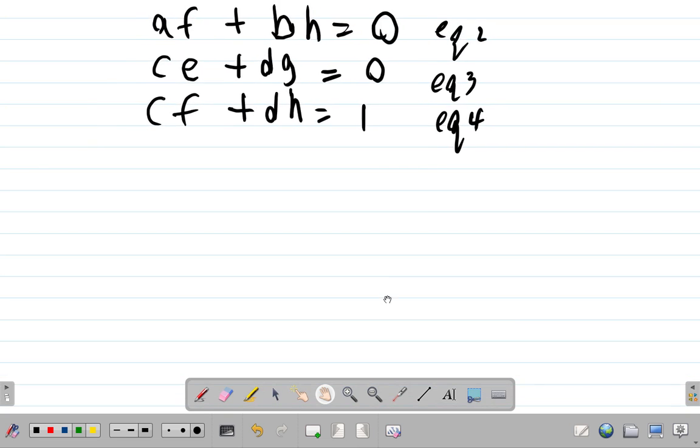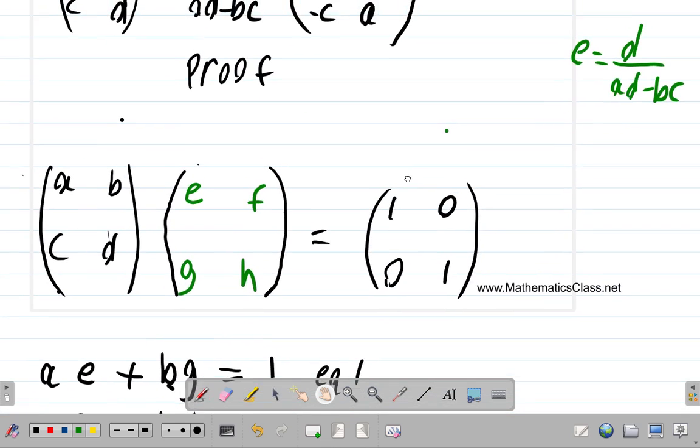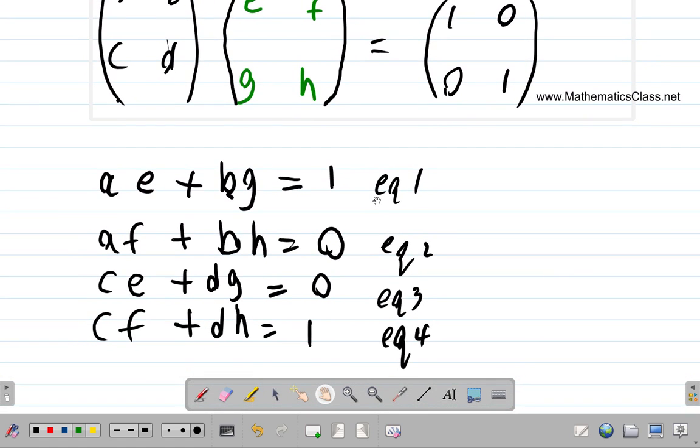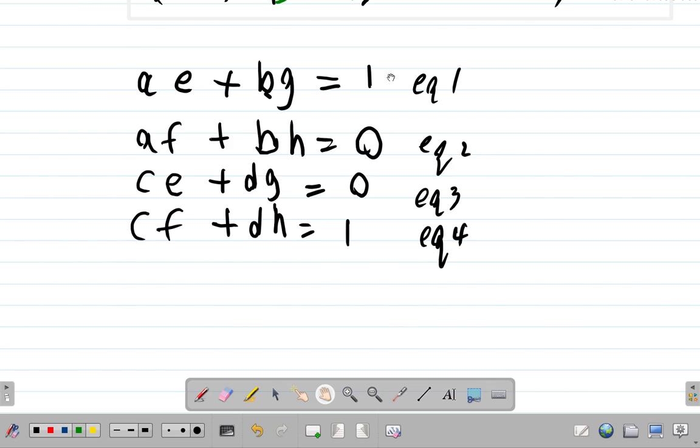Now, here, we have found E. Let's find another letter. Remember, we're not interested in A, B, C, and D. They are just A, B, C, and D. What we want to find out is what is the inverse, and the inverse has E, F, G, and H as the elements, so we need to find those.